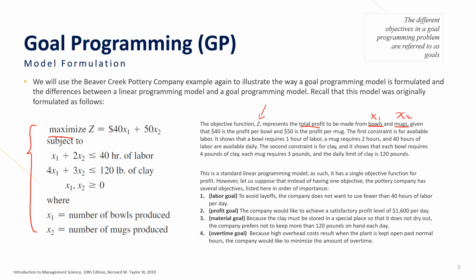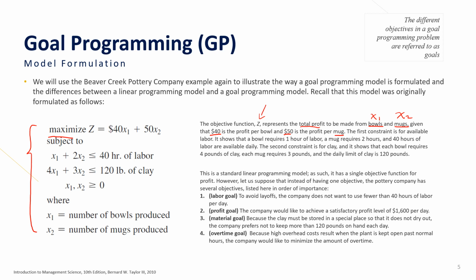Given the information that each bowl they sell generates $40 of profit, and $50 of profit for each mug sold.